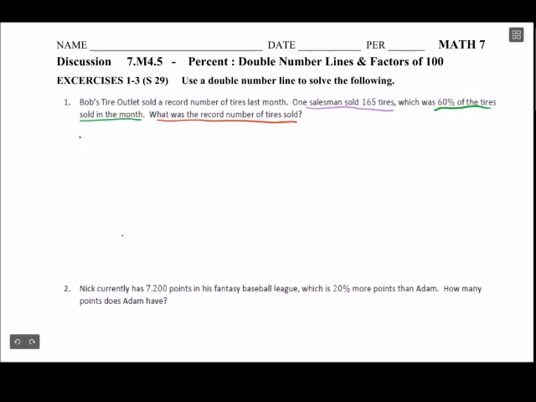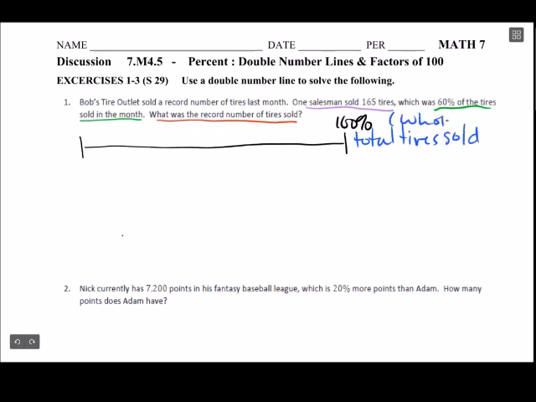So we start out by drawing our 100%, and our title on this is going to be the total tires sold. This is our whole. Now we draw our second number line that represents how many our salesman sold.